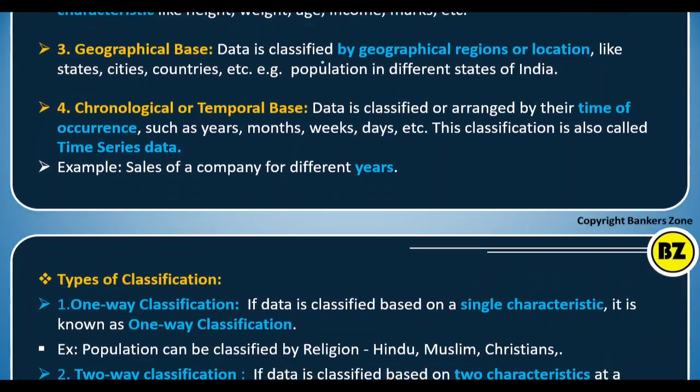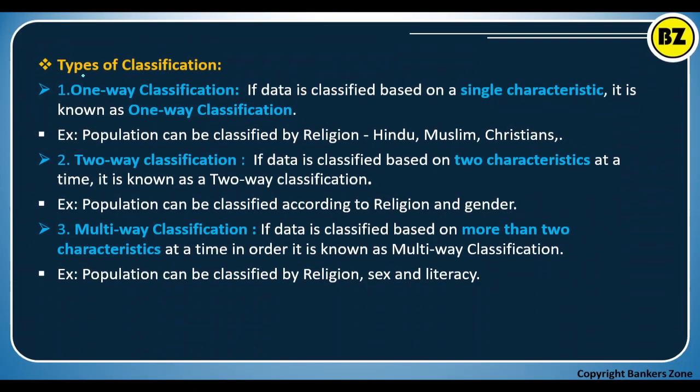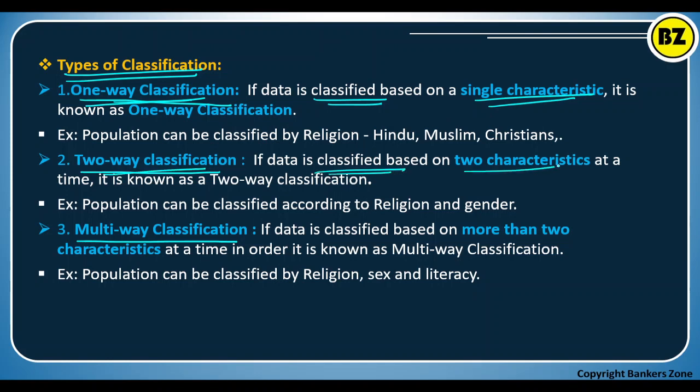Now, what are the types of classification? One-way classification, two-way classification and multi-way classification. One-way classification means data classified based on a single characteristic. Two-way classification means data classified based on two characteristics.